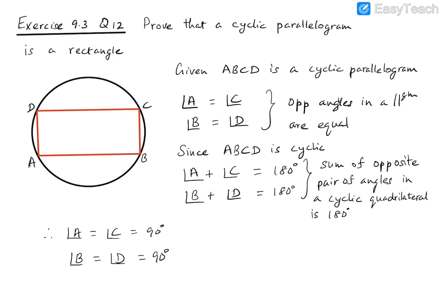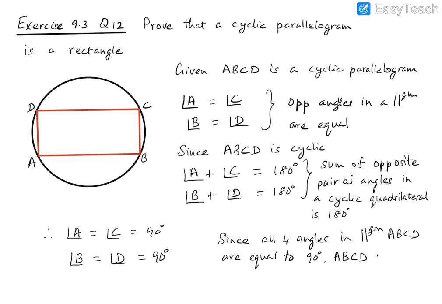So since all the four angles in the parallelogram ABCD are 90 degrees, we can say that ABCD is a rectangle, which is what we have to prove.